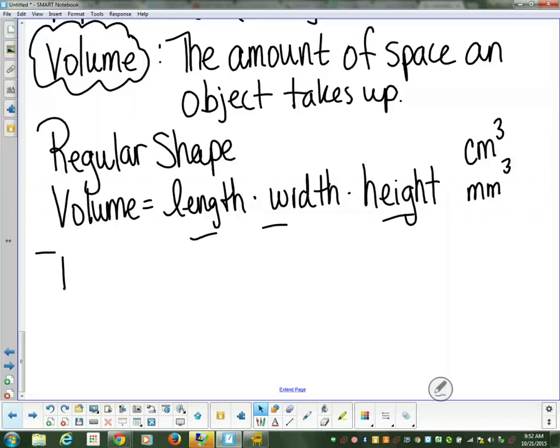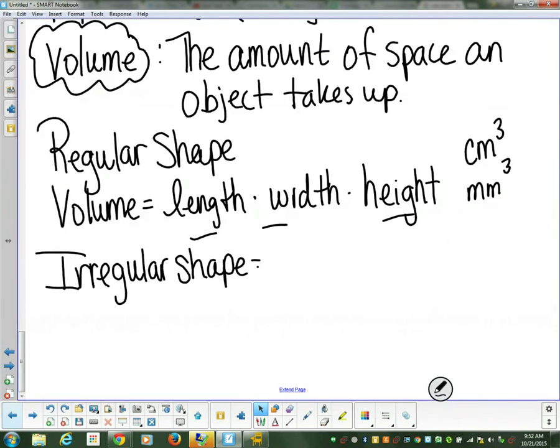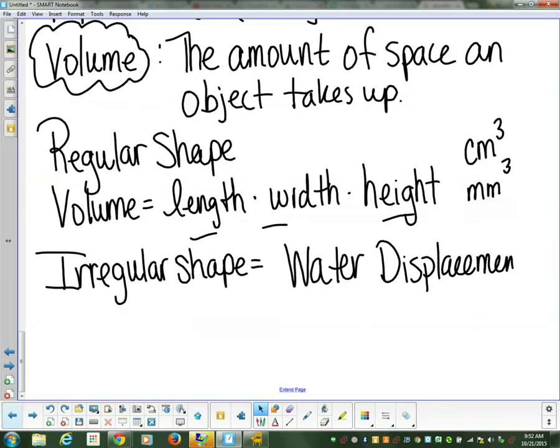Now, if it's an irregular shape, we are going to use something that you've already been using, which now gets a fancy name called the water displacement method.